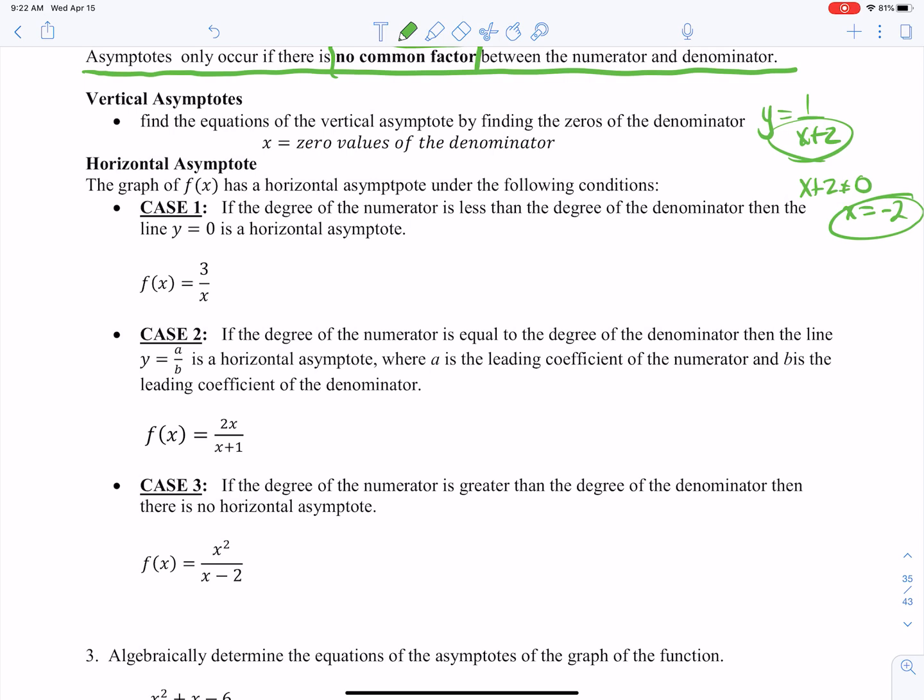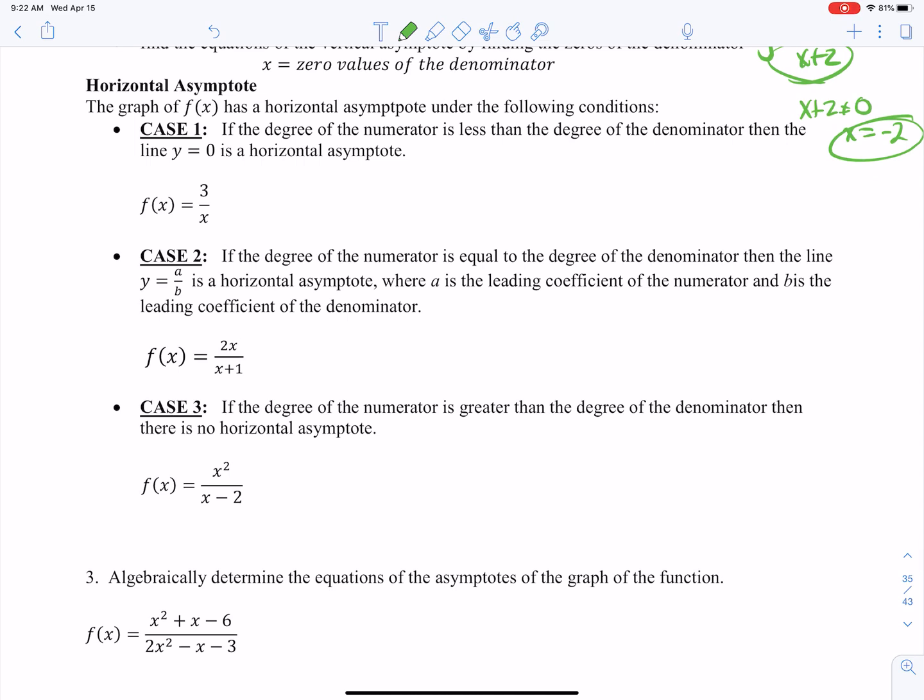Now, horizontal asymptotes, I don't want you to worry too much about why this is happening, but just kind of follow the rules. And I know I don't say that much, but that'll come out in later courses. So, horizontal asymptote, case 1. If the degree of the numerator is less than the degree of the denominator, then the line y = 0 is a horizontal asymptote.